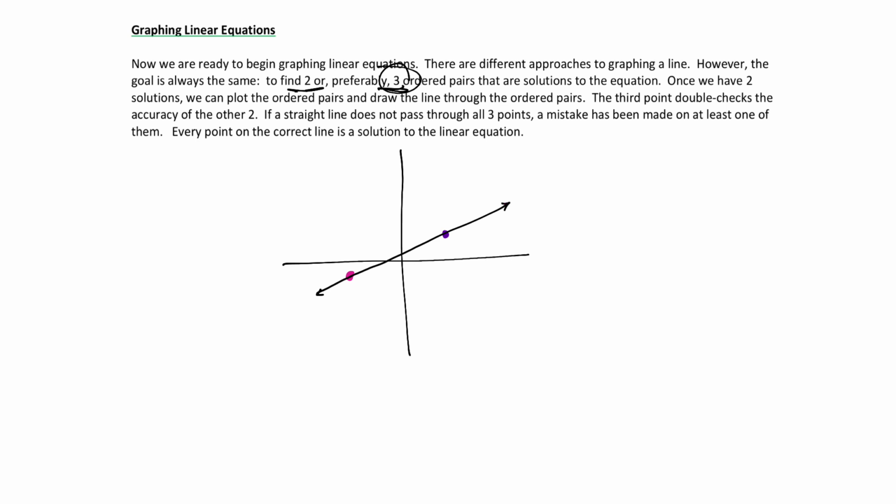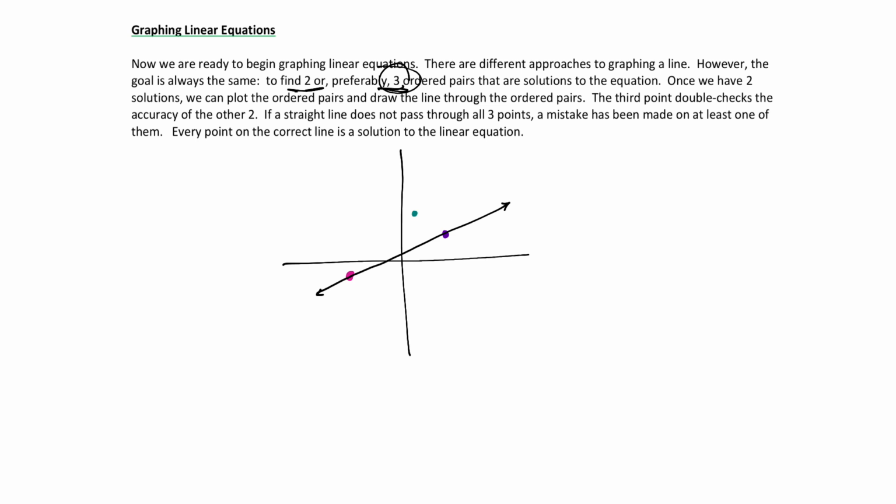But what if one of them is wrong? If my third point is like right here, then that's absolutely fine. It was a double check. But what if my third point is over here? Then that means one of them is wrong. I'm going to assume in this case that one of the originals was wrong.